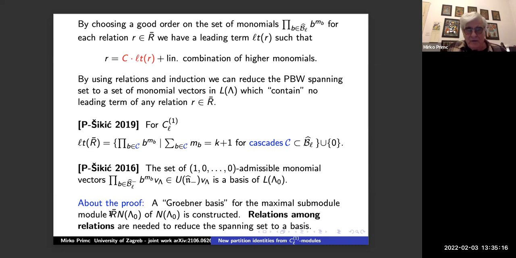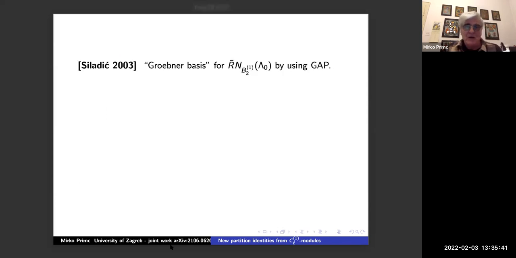So we have here an obvious spanning set: relation times monomial vector. And there are too many of them, and we have to reduce this to a basis. And for this, we need relations among relations, and it gets to be a difficult business in general.